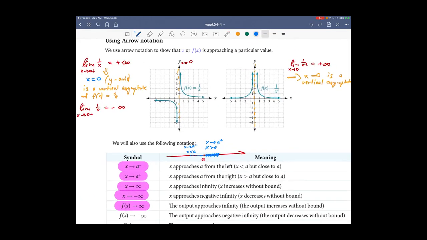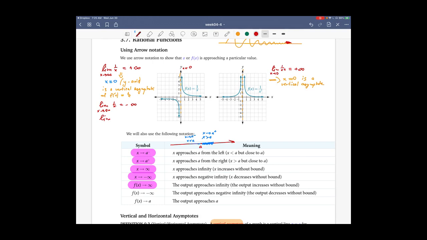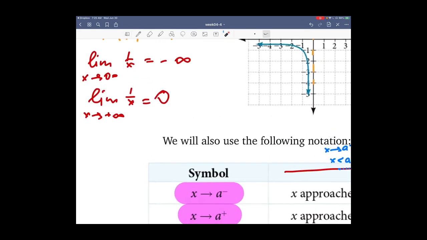Well, that is because a limit at, say, positive infinity is 0. You can clearly see that when you divide 1 by increasingly larger and larger positive numbers, you get numbers that are closer and closer to 0.